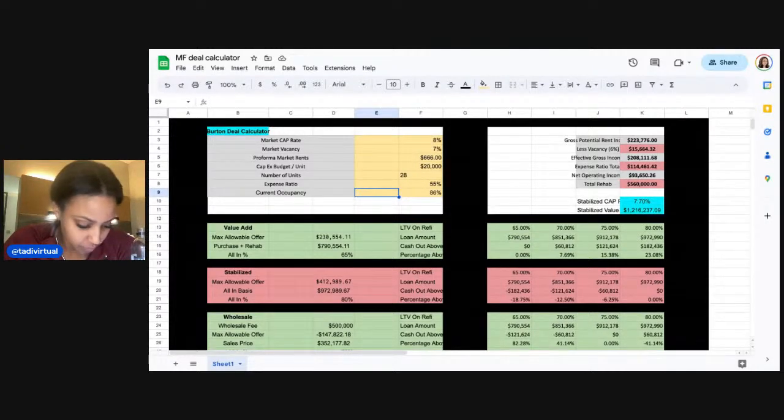So this makes a lot less income. So at $235,000 a year, it's only making $19,000 a month. And then divided by 28 units, that means rents are super low at $700 a month.